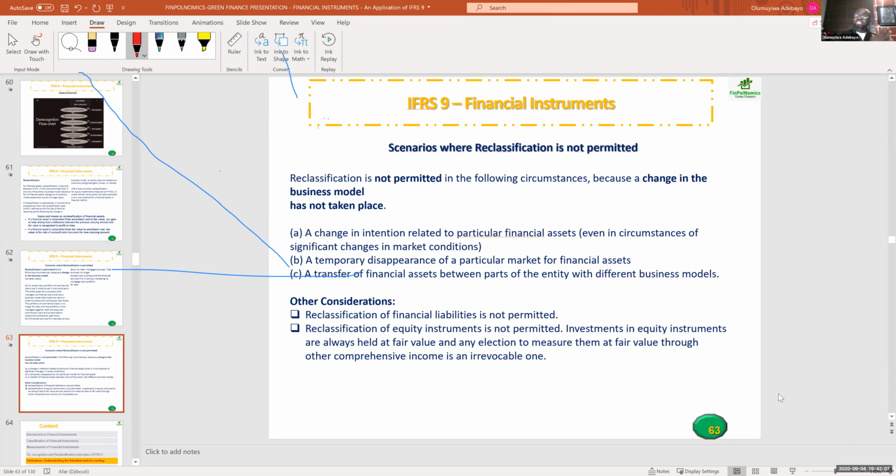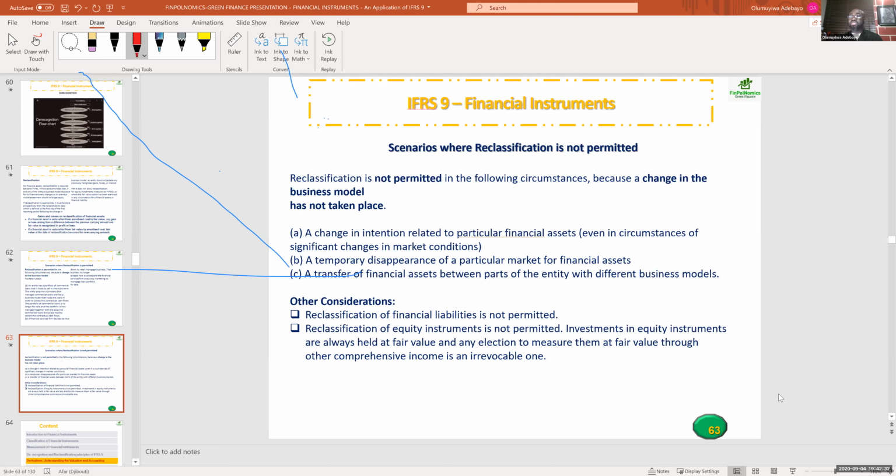That is a different scenario. But let us look at a scenario where we have a single entity, but that entity has more than one division. And when we look at it, Division A manages its portfolio separately, Division B manages its portfolio separately. Now, what happens at the end of the day is that you decide to collapse the two divisions. Remember, the two divisions already exist within that entity.